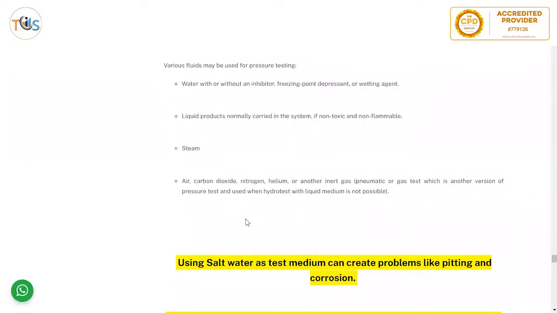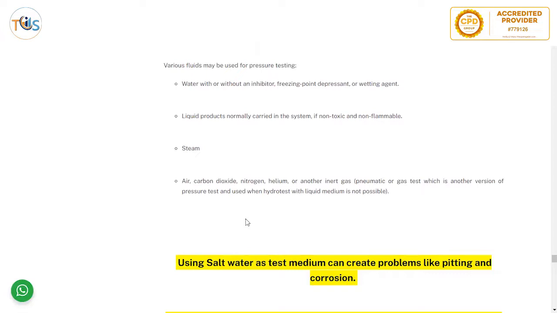Various fluids may be used for pressure testing: water, with or without an inhibitor; liquids, products normally carried in the system if non-toxic and non-flammable; steam, air, carbon dioxide, nitrogen, helium, or other inert gas.